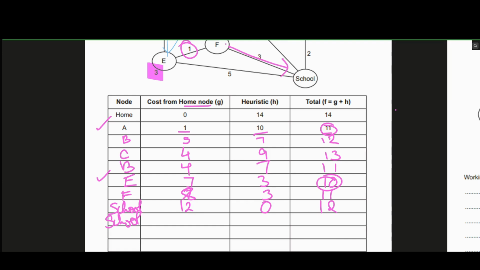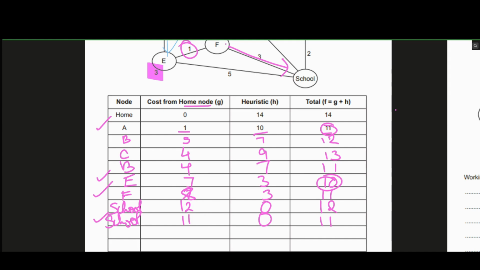That means 8 plus 3, which is 11, and heuristic is 0, so I add this. School is the shortest over here, right? So I actually went from F to school.